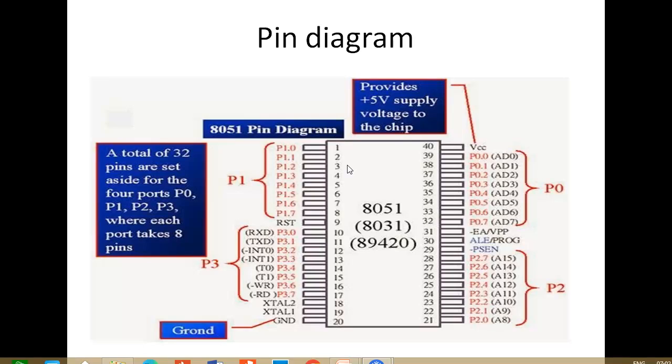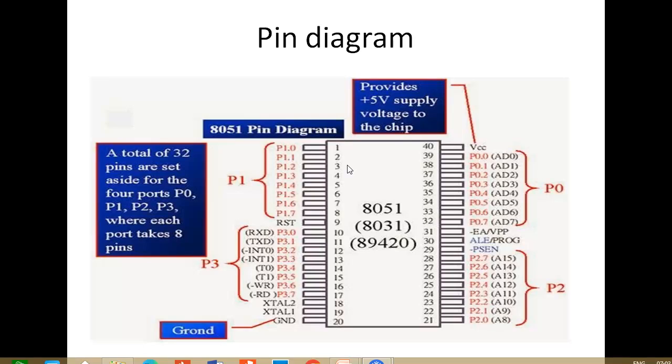It requires 5 volts. It is an 8-bit microcontroller. It has 16 address lines. The program memory is 4K, and there are 128 bytes of RAM for the user and 128 bytes for the processor, so a total of 256 bytes of RAM.